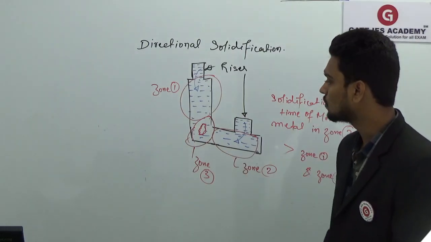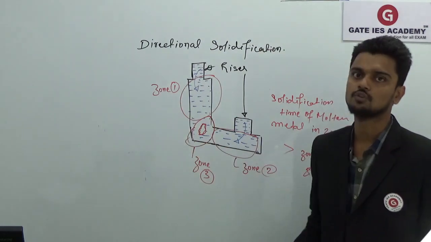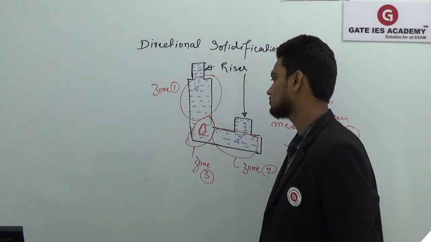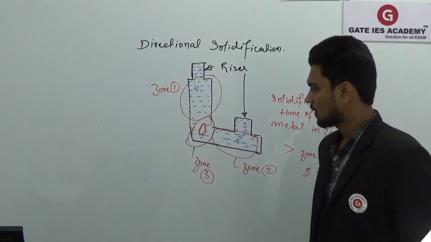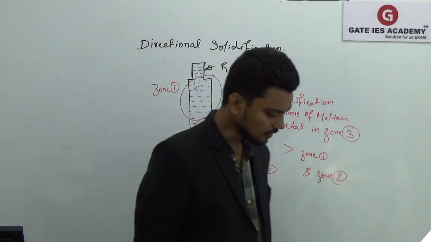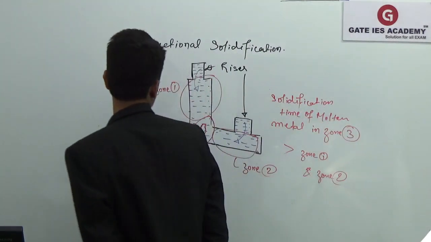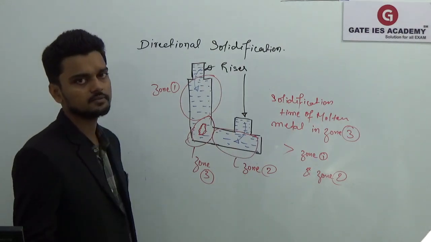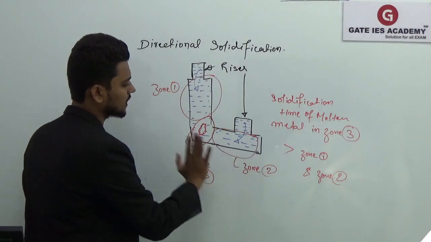Okay, so what can we do to solidify zone 3 before zone 1 and zone 2? We cannot increase the volume, so what we can do is increase the surface area, so that there will be more transfer of heat from that surface area and zone 3 will be solidified before zone 1 and zone 2.